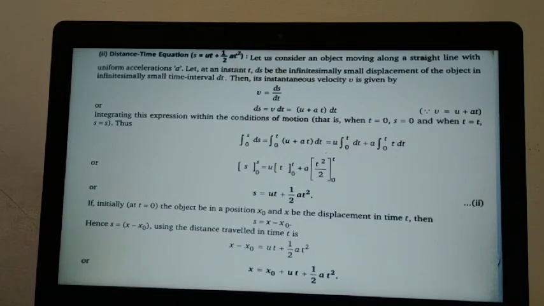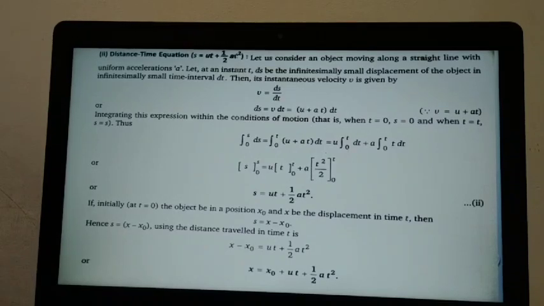Integral 0 to t t dt will become t to the power 1 plus 1 divided by 1 plus 1, because integral x to the power n dx will be x to the power n plus 1 divided by n plus 1. So here it will become t square divided by 2 between the limit 0 to t. Then on the left hand side you have to apply the limit s minus 0.